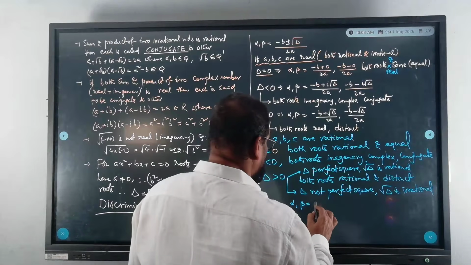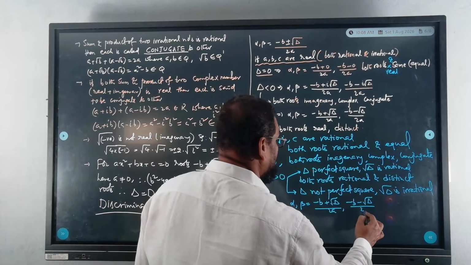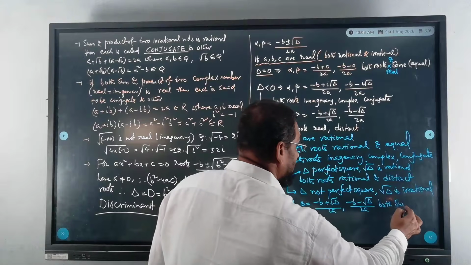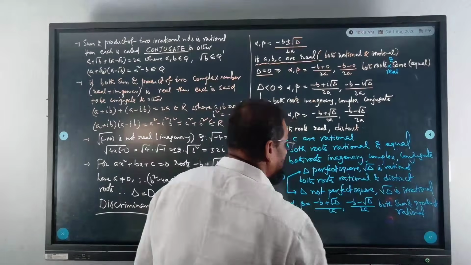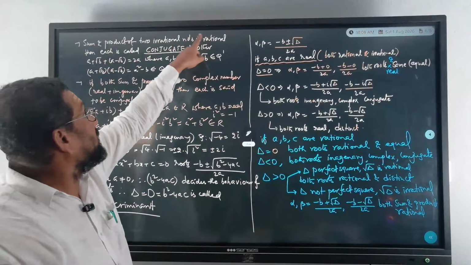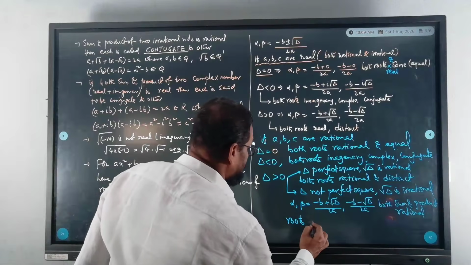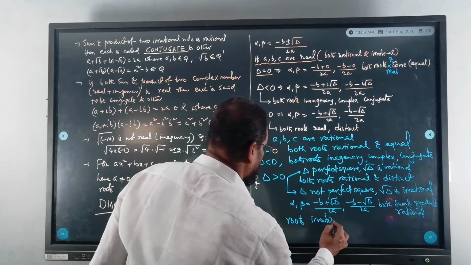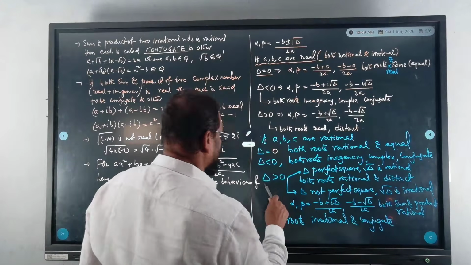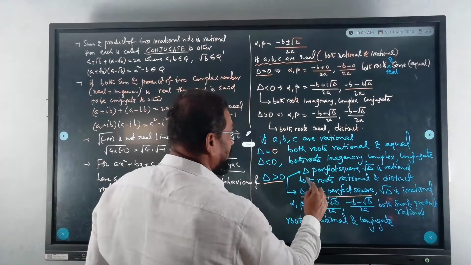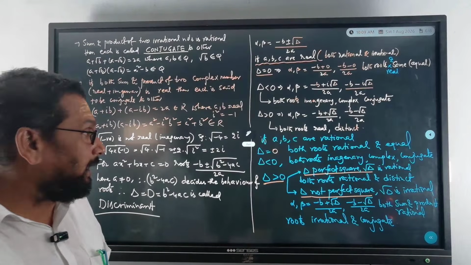So alpha, beta is minus b plus root delta by 2a, minus b minus root delta by 2a. Both sum and product are rational, root delta is irrational; both sum and product of two irrationals is rational, each is called conjugate to the other. So the roots are irrational and conjugate when delta is not a perfect square. If delta is a perfect square, both roots are rational and distinct or different.